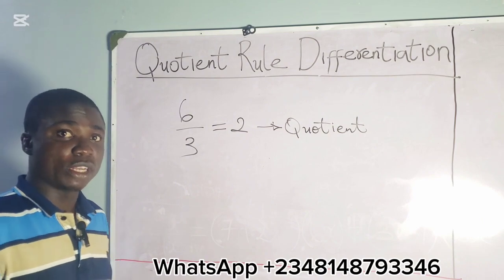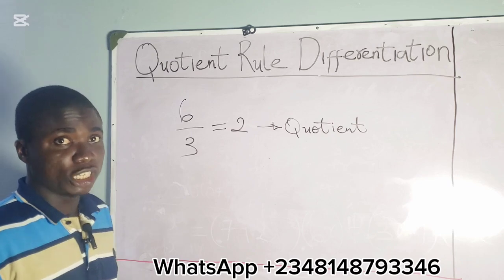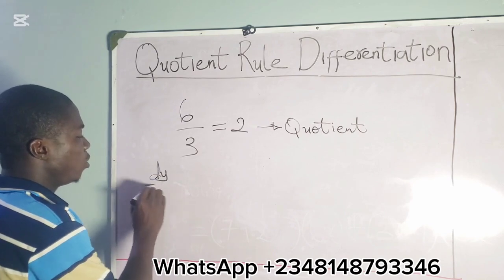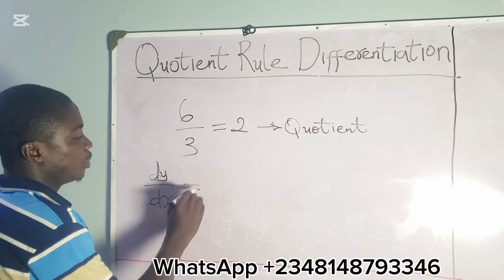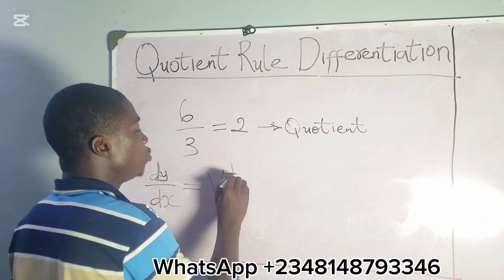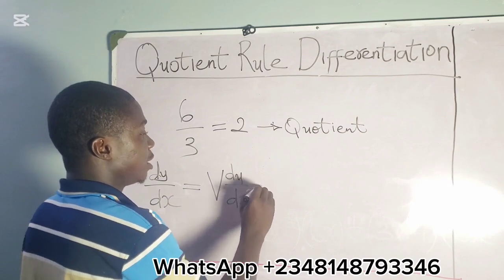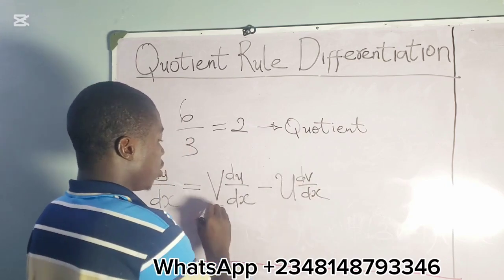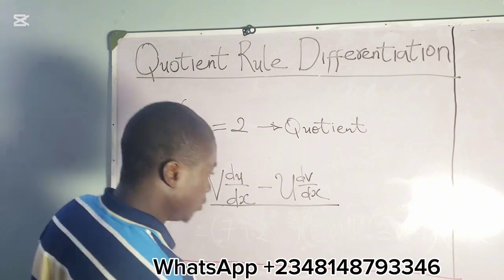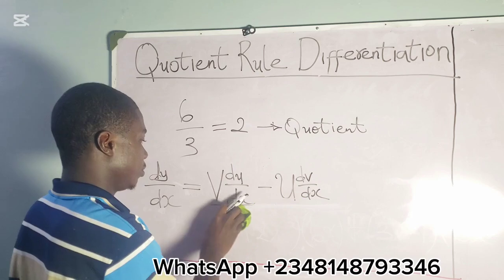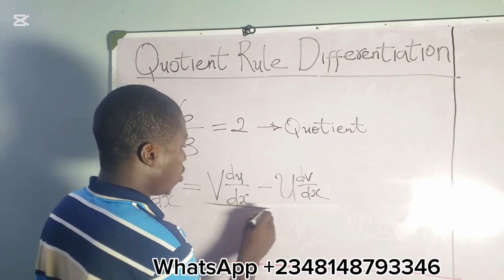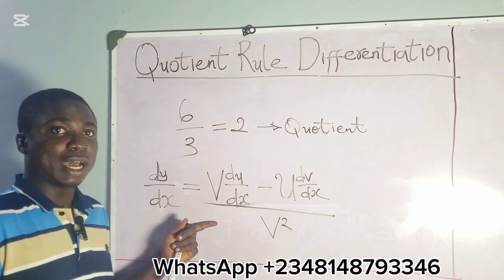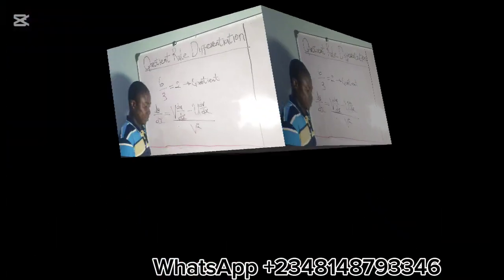Whenever you are given a question and you are asked to differentiate using the quotient rule, this is the formula to use. dy over dx is equal to v du/dx minus u dv/dx, all over v squared. This is known as the quotient rule formula.